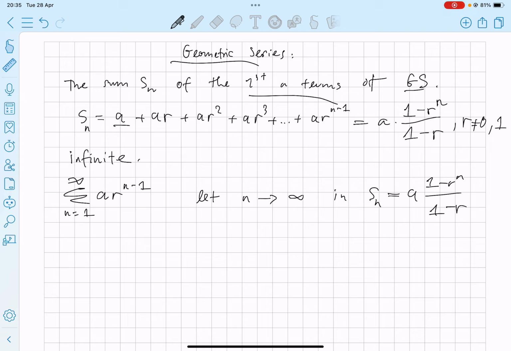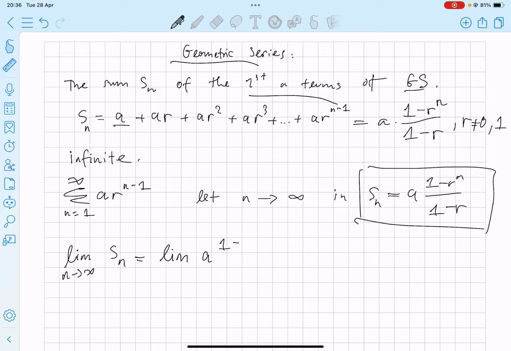So we go ahead and let n approach infinity in this formula that we came up with early in the video. So now we find the limit of s sub n as n approaches infinity, and we substitute s sub n, which equals a multiplied by 1 minus r to the power of n over 1 minus r.